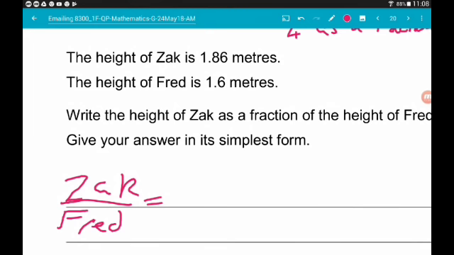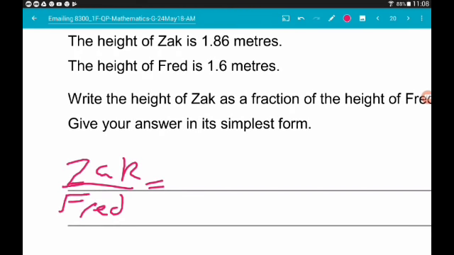So this is going to be 1.86 over 1.6. I'm going to call that 1.60. So that is the fraction, but we don't like decimals in fractions, and this isn't in its simplest form.